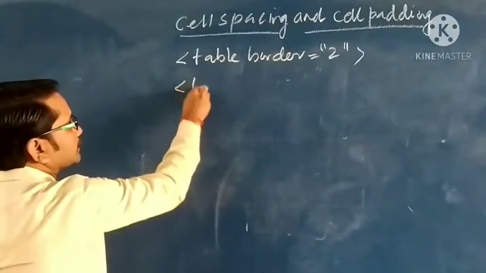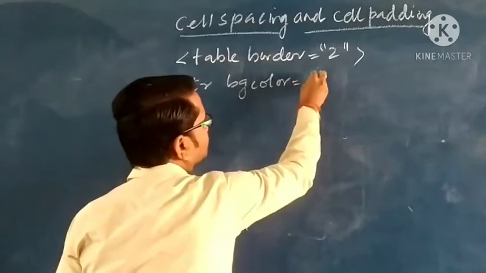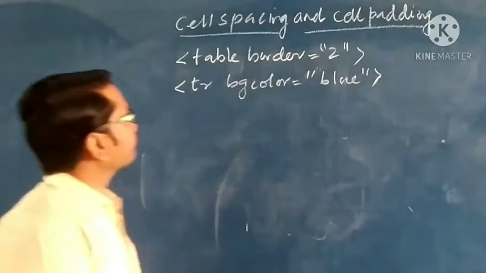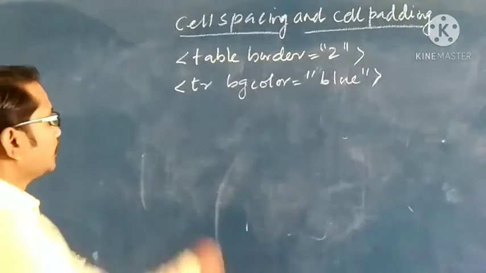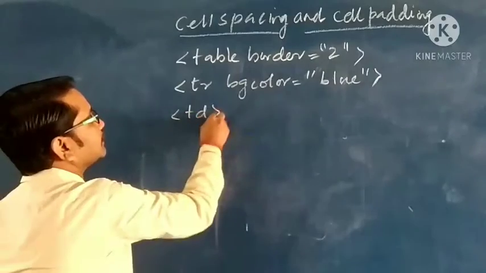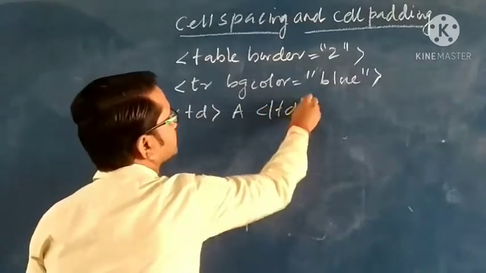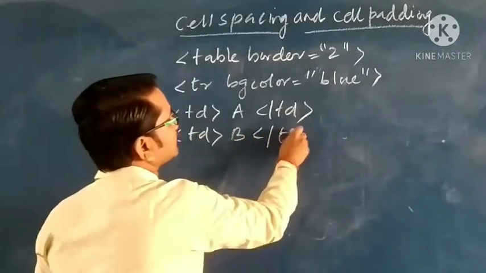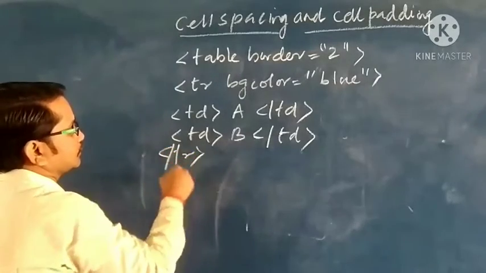So we use TR BG color equals to blue. Then data TD A, TD close, TD B, TD is being closed. After that TR is being closed.